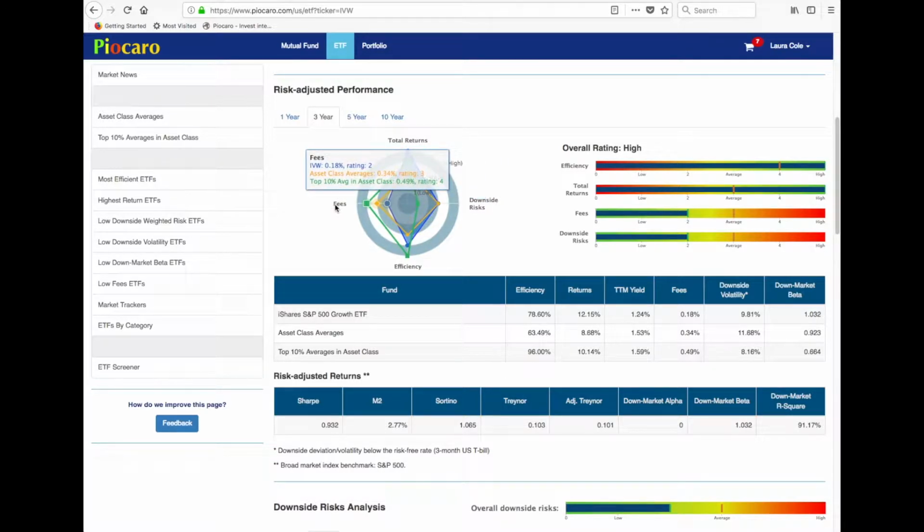Piocaro consolidates these three measures into an efficiency score to make it easier for you to compare funds. The polar chart shows the relationships across the three sides of this triangle, with an added axis for the efficiency score for various trailing periods. It also shows how an ETF compares to its peer group average and the average of the top performers within the group.